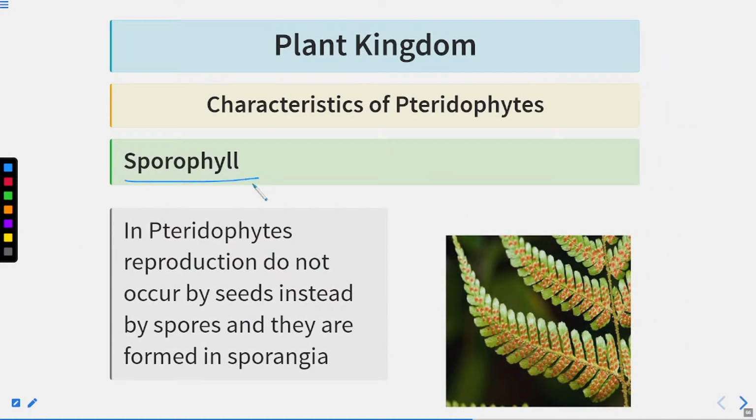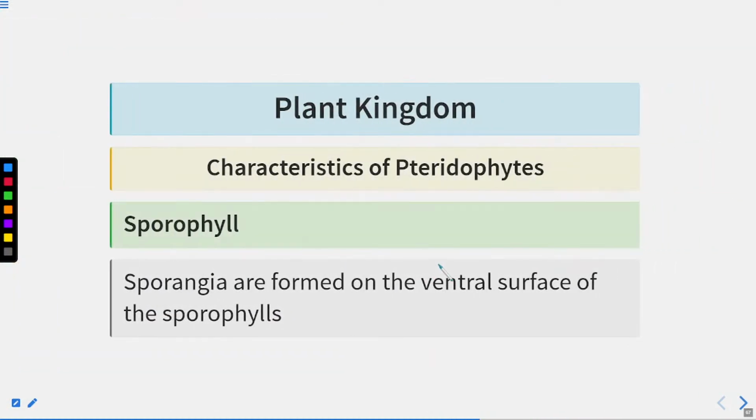Sporophylls. Sporophylls are the leaf-like structures that bear the spores. Actually they are bearing the sori, and in these sori they have spores. Sporangia are formed on the ventral surface of the sporophyll.